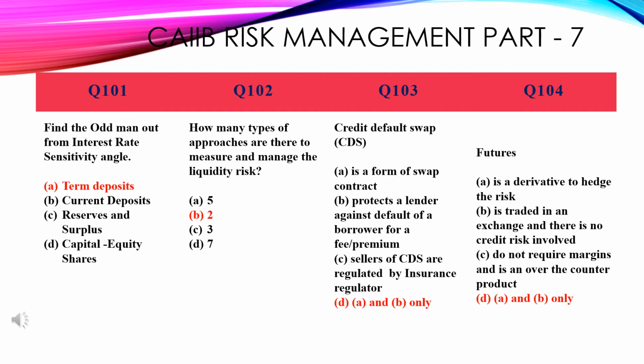Understood? As I will just explain, the CDS buyer will get his money either from the borrower, or in case of default of the borrower, from the CDS provider who has given the CDS. So he has protected himself against the default of the borrower also.